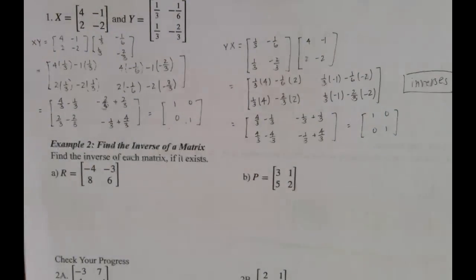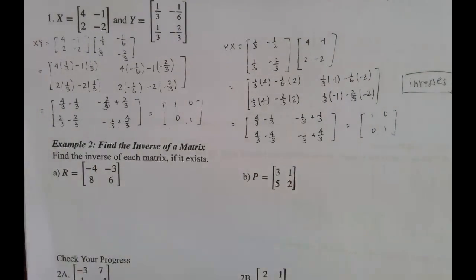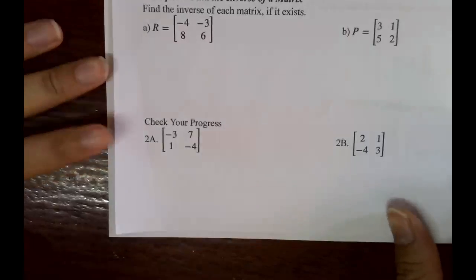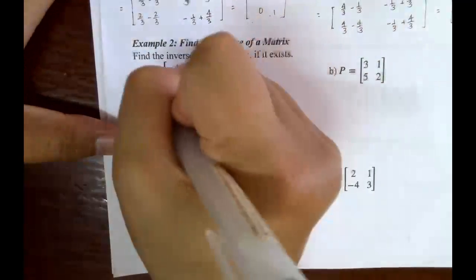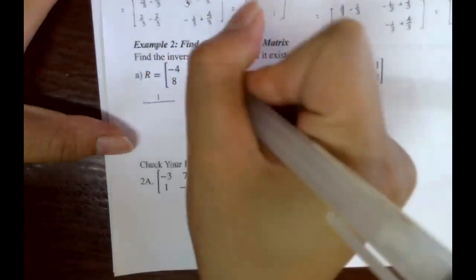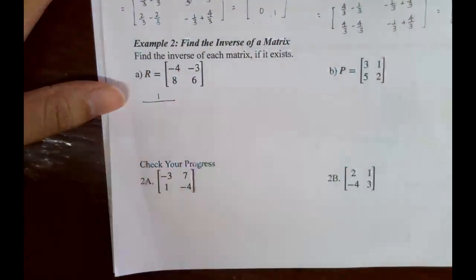Okay, so let's get started. We're going to start by finding the inverse of the matrix. So it's going to be 1 over the determinant, and remember the determinant is AD minus BC for a 2 by 2, so that will be negative 4 times 6, minus B, which is negative 3 here, times C, which is 8.